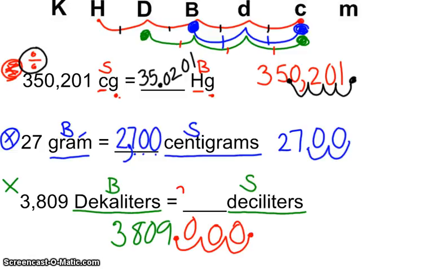So now we have 3, 8, 0, 9. I need longer lines. 1, 2, 3 more zeros. 1, 2, 3 places is a comma. 1, 2, 3 places is another comma. 3,809,000 deciliters are equal to 3,809 deciliters.